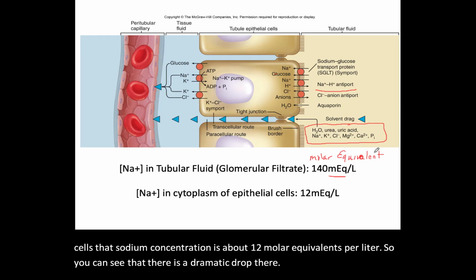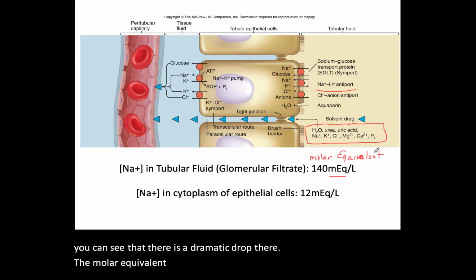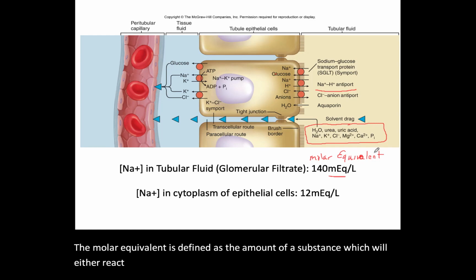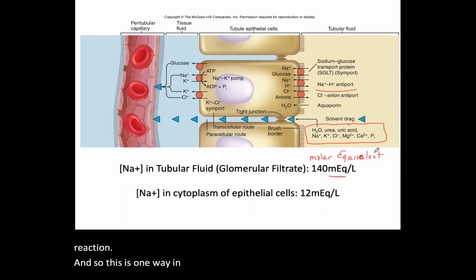The molar equivalent is defined as the amount of a substance which will either react with or supply 1 mole of hydrogen ions within an acid-base reaction. And so this is one way in which we can go ahead and regulate pH.